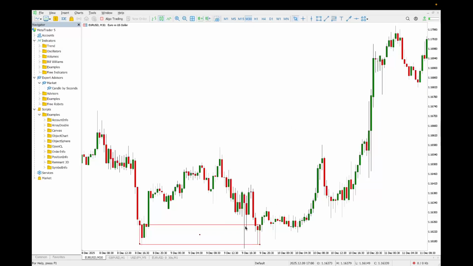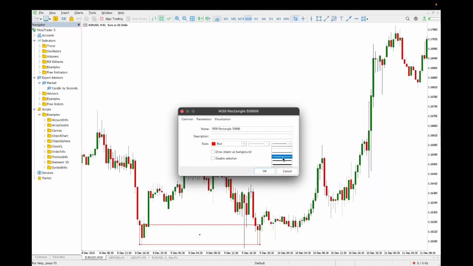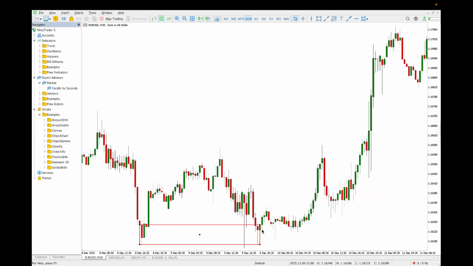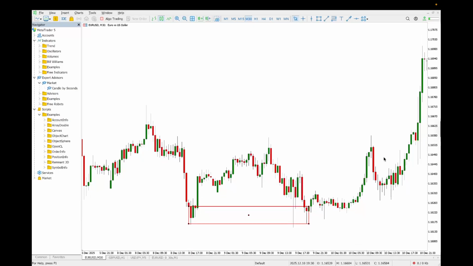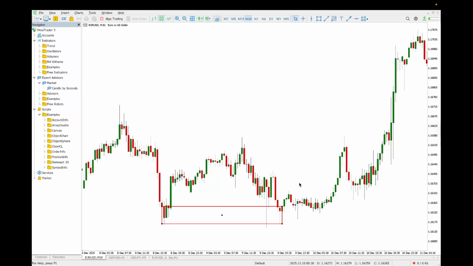I like to make this bolder. Okay, this is a demand zone, and price is expected to come in here and buy from here. So we use the 5-week sequence to confirm this demand zone, this key level.